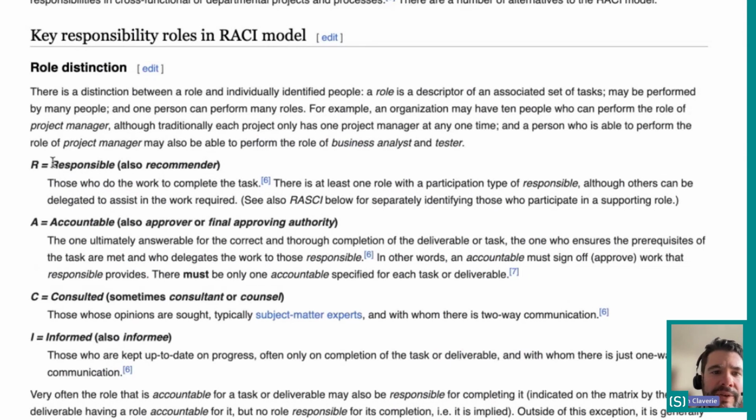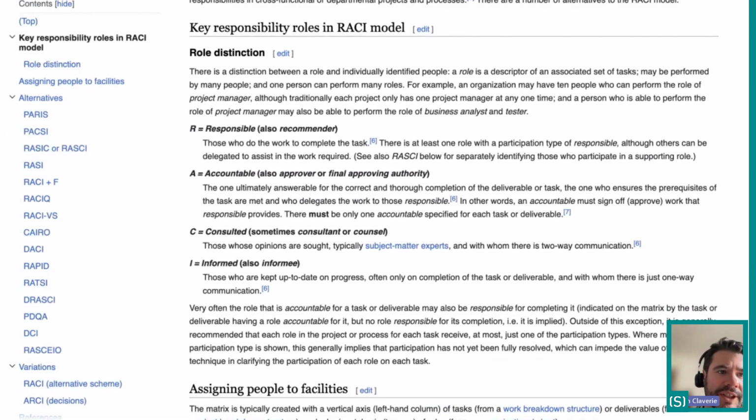But what was interesting is that they propose an alternative name for accountable: approver. In RATSI, it means authority. So it's interesting that even in this crowdsourced article, they have different definitions.